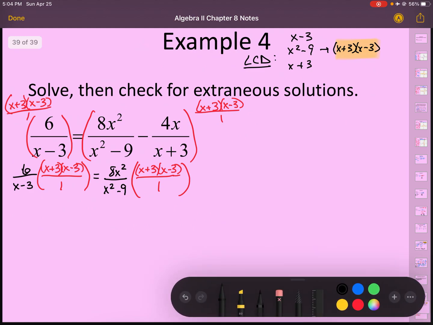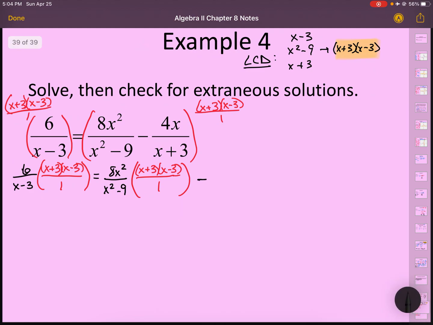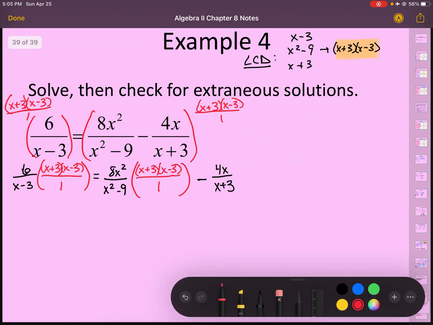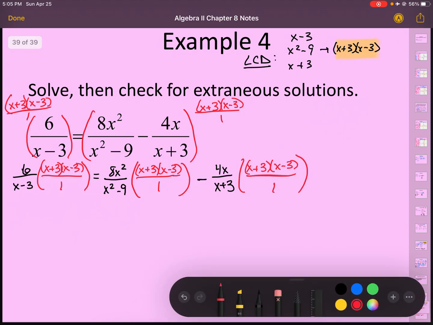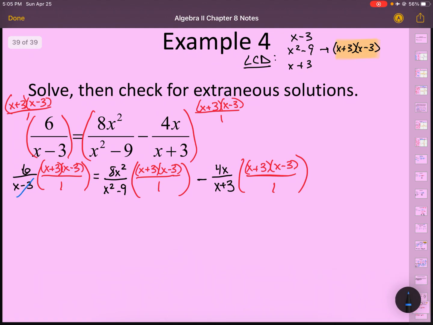Okay, and then minus 4x over x plus 3 times, again, x plus 3, x minus 3 all over 1. And now if we go canceling out some stuff, in this first one I got x minus 3 in both of them.